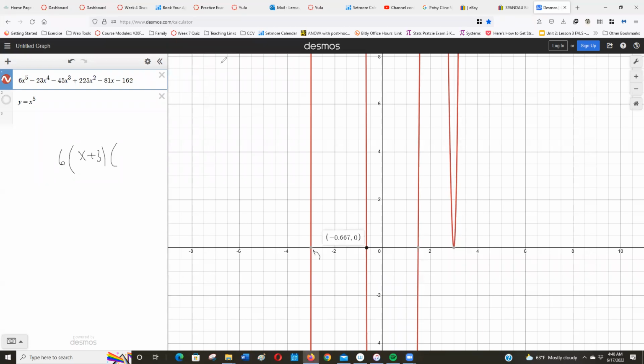However, that's negative 2/3. Okay, so I could write x plus 2/3. That's a little awkward with a fraction there. So what we'll do is write 3x plus 2, because if I solve that for x, I get my x equals negative 2/3.